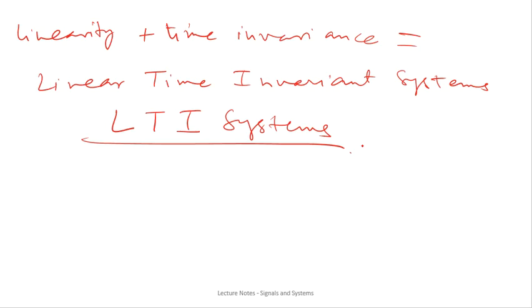Whenever a system possesses both linearity and time invariance together, it is called a linear time invariant system or LTI system. We will frequently use this term throughout the rest of this course.